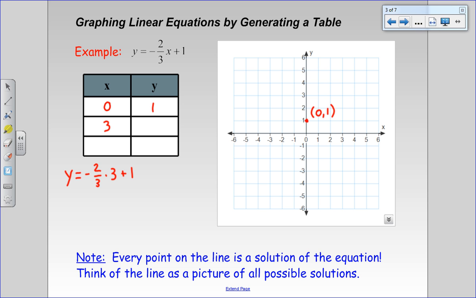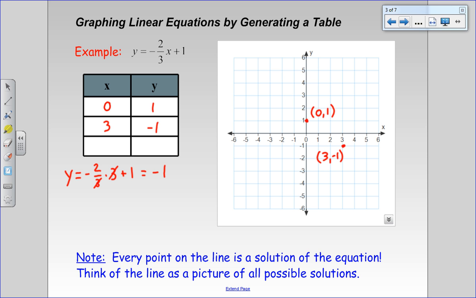Now our equation has y equals negative 2/3 times 3 plus 1. The advantage of choosing 3 is that it cancels out with the 3 in the denominator of our fraction, leaving us with negative 2 plus 1, or negative 1, for our y coordinate. So the point (3, negative 1) is plotted on the coordinate plane.